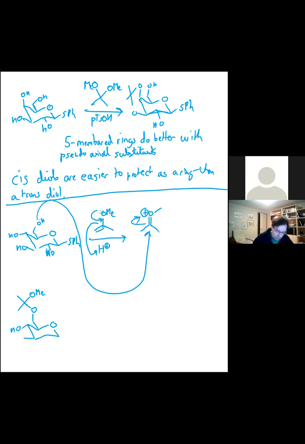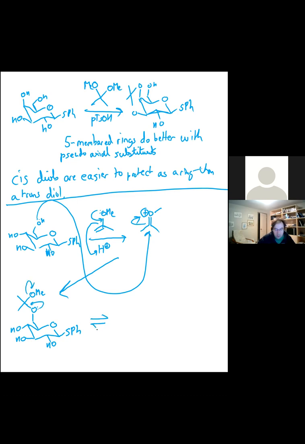So although these acetals like making 5-membered rings if they are in equilibrium, this is not really in equilibrium the same way. This is completely one way, because you don't have that other methanol that can come in and take care of this. So we're then going to kick that out.